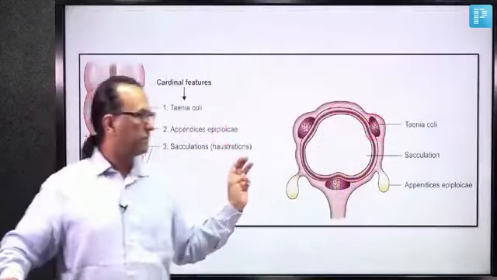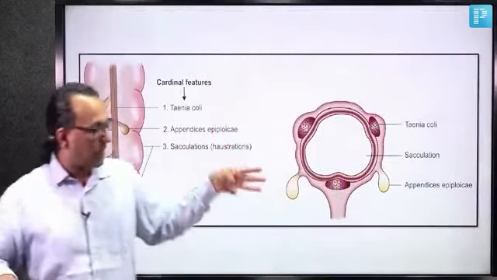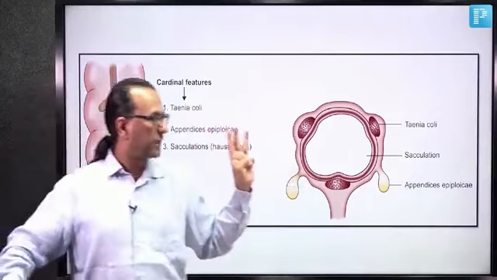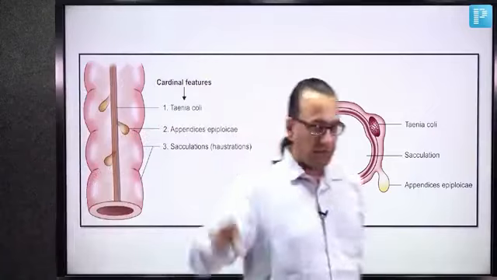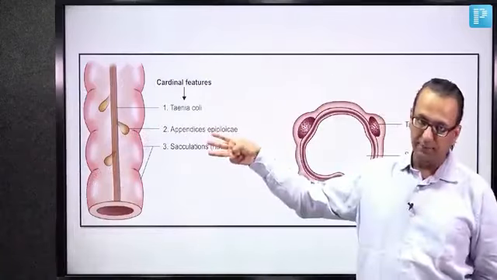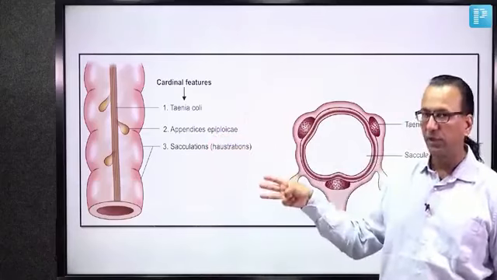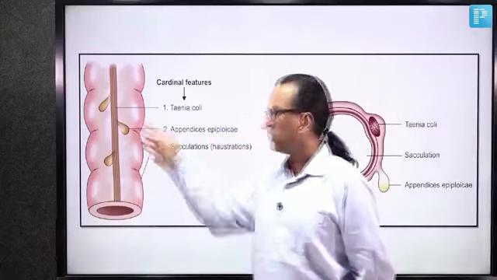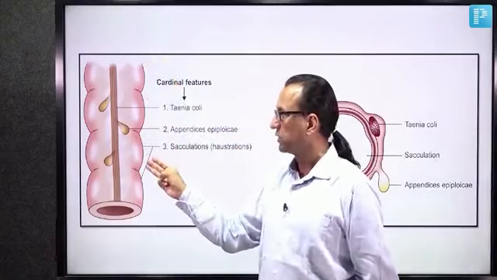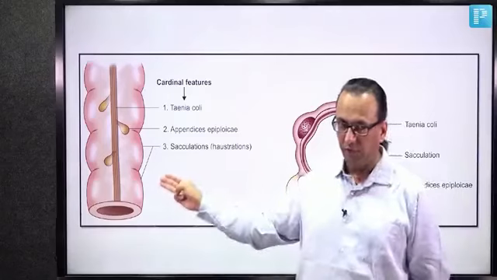Now, when you compare the small intestine with the large intestine, you'll have three things missing and three things present. What are the three things missing in the large intestine? The large intestine does not have plicae circulares, villi, or microvilli. And what are the three things present in the large intestine? Number one, alternate contraction and dilatation of the wall of the large intestine cause the haustrations or sacculations.